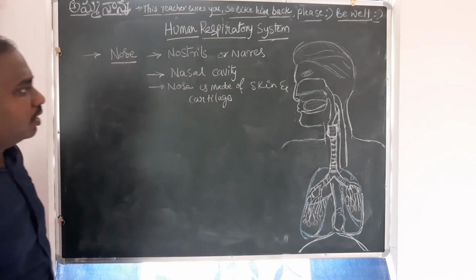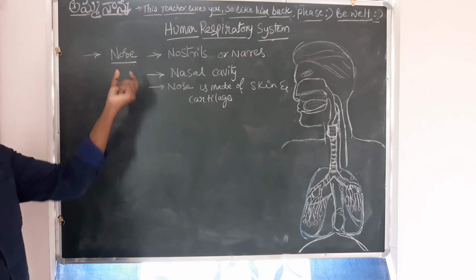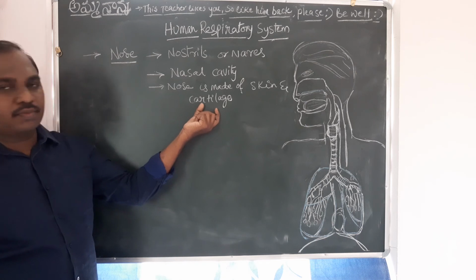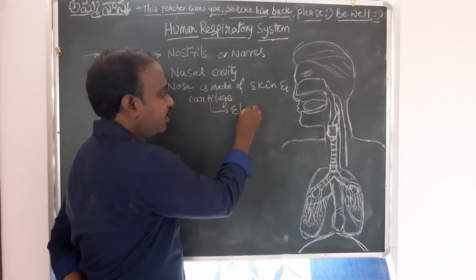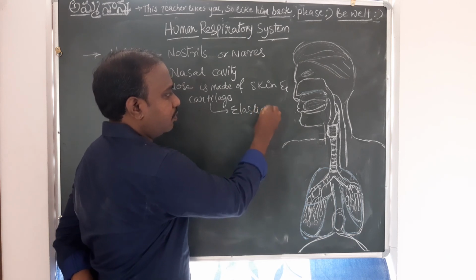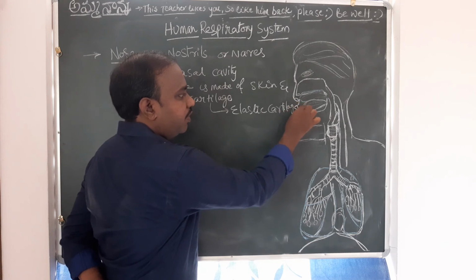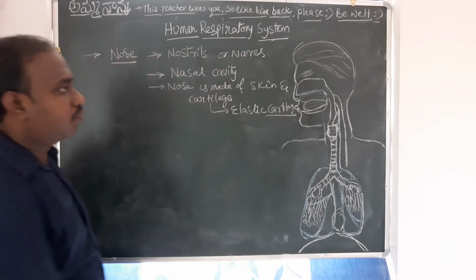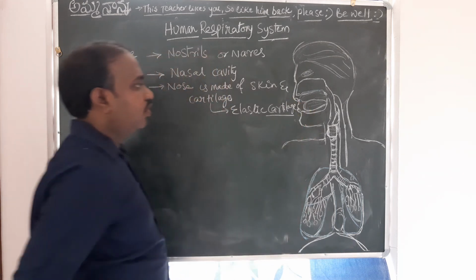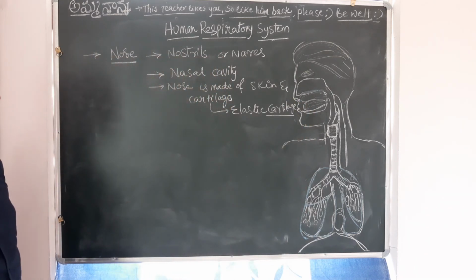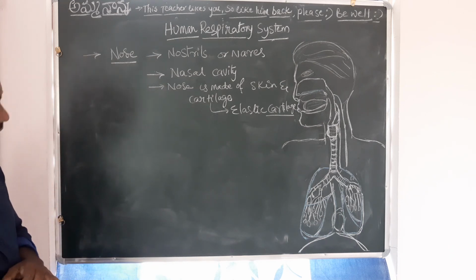If you see, the tip of the nose contains a cartilage called the elastic cartilage. That is why you would be able to twist and turn this nose, right? So we have this elastic cartilage in the tip of the nose, and obviously it is covered by the skin.